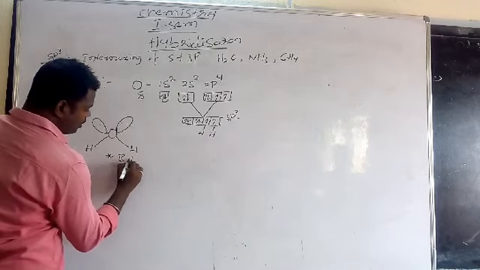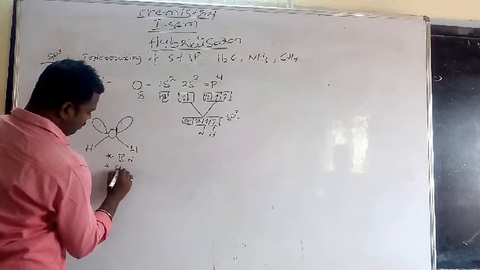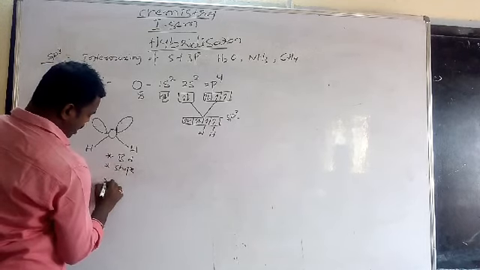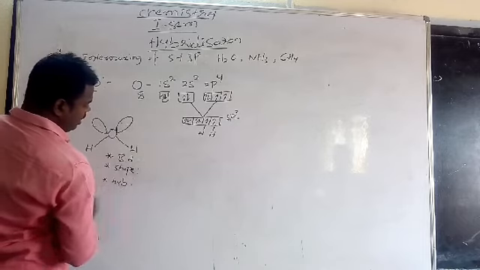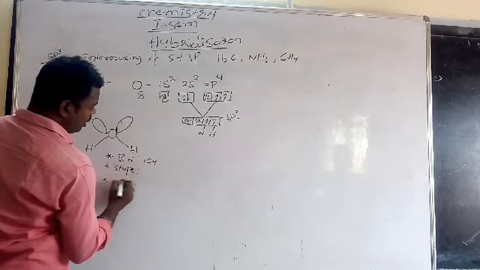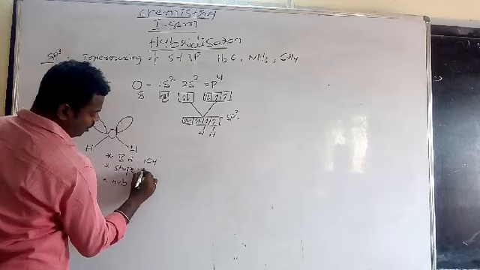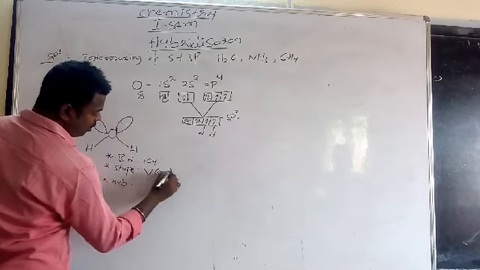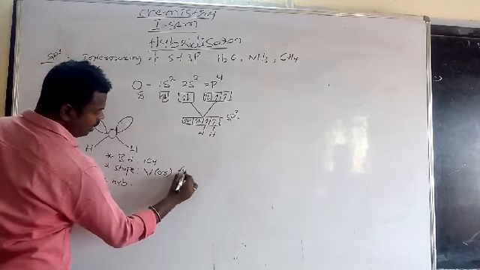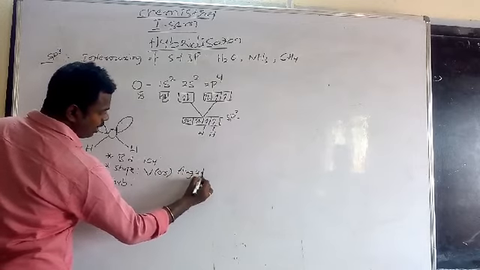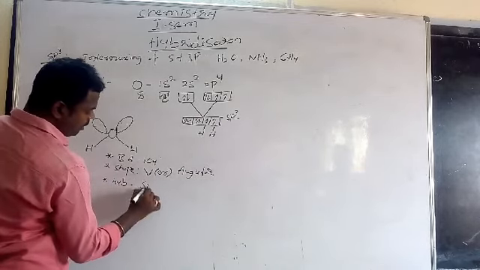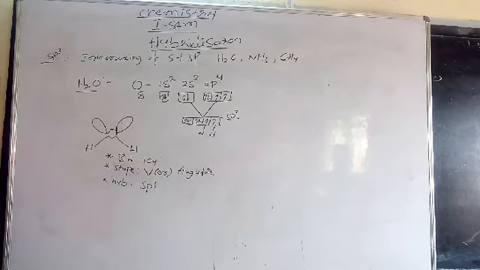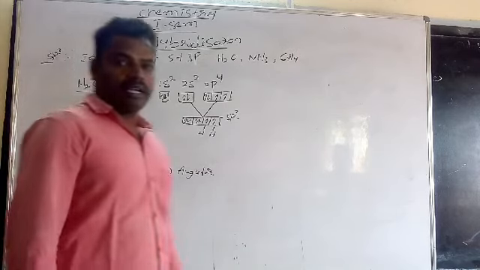Bond angle of H2O is 104.5 degrees. Shape of the molecule is V-shaped, angular shape, and hybridization is sp3 hybridization. This is the first example of sp3 hybridization.